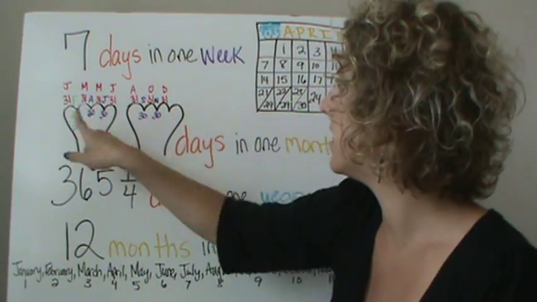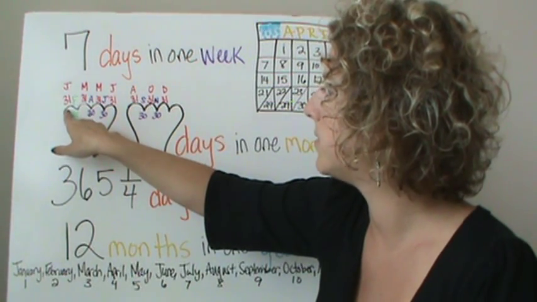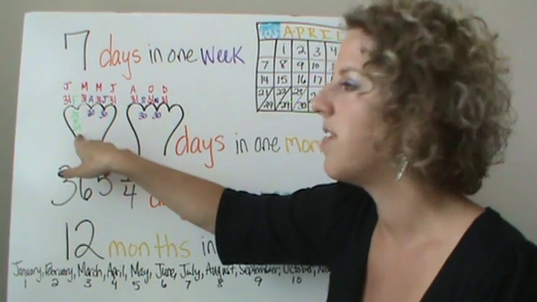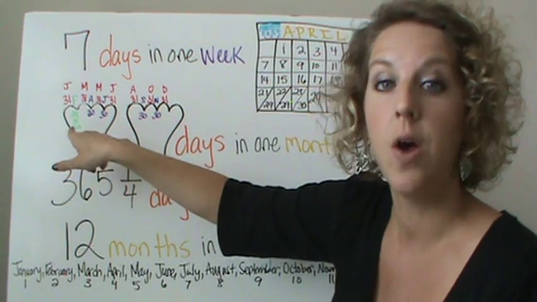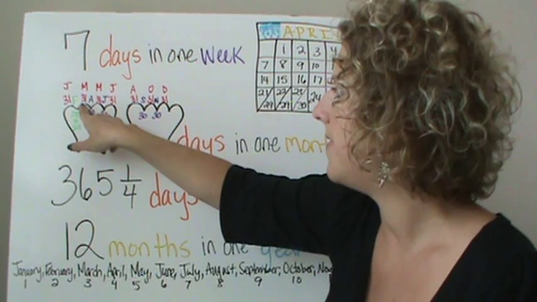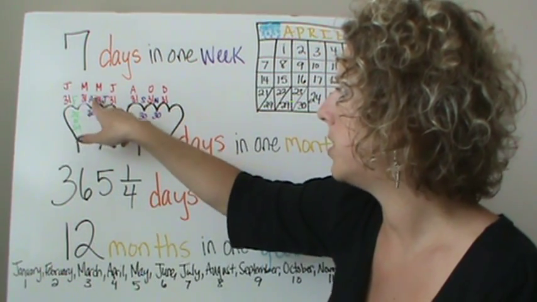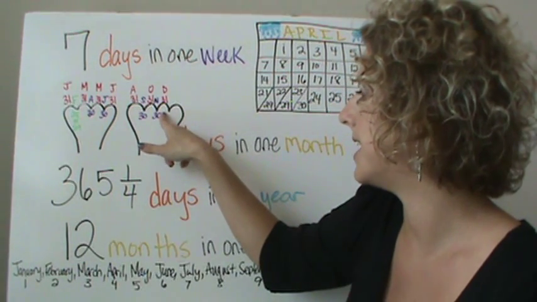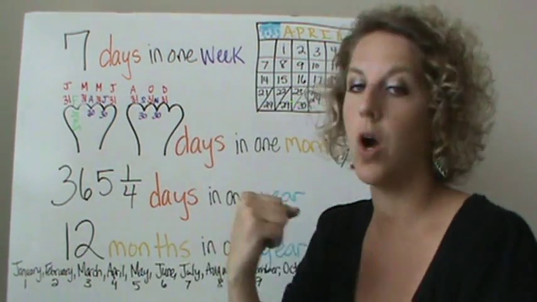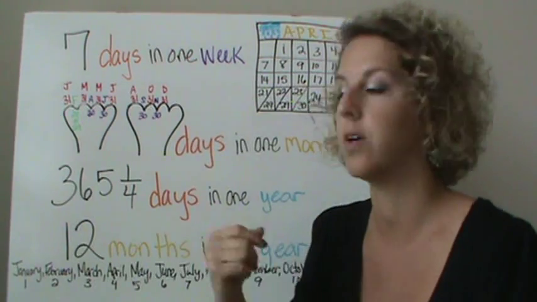So let's look at this. The first knuckle, the mountain, is 31. February is an exception. It's 28 or 29 depending on whether it's a leap year or not. And then March, May, July, August, October, and December all are on the mountains or on the knuckles.